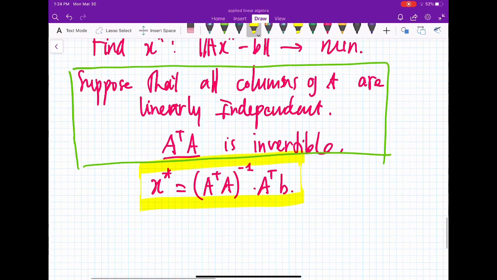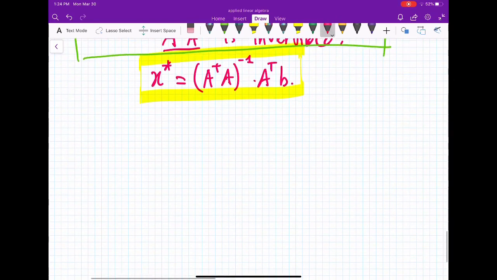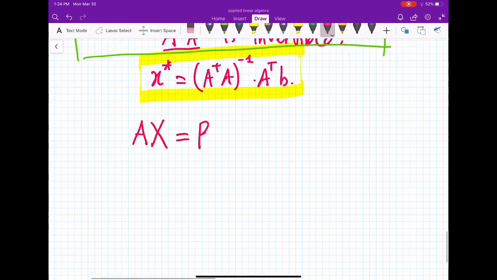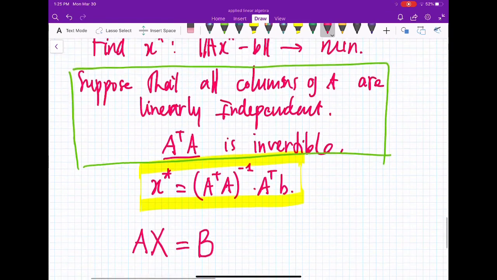All right. Now, suppose that we have the following matrix equation, AX equal to B, right? Where A, X and B are matrices. Of course, vectors are also matrices, right?